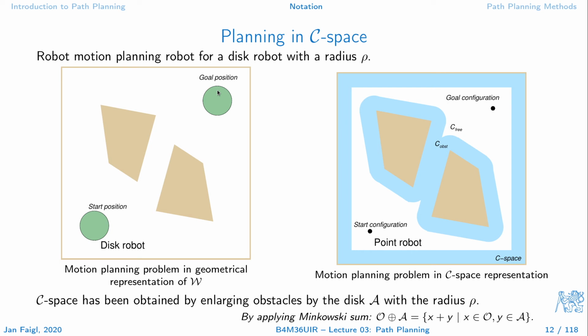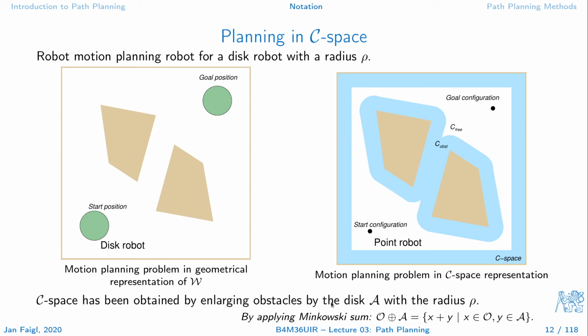So we cannot reach any configuration because the robot will be in a collision, and we can imagine that if we use the disk and put it to any or all points of the obstacles, then we will create a C space, because that's the space where the robot is in a collision.